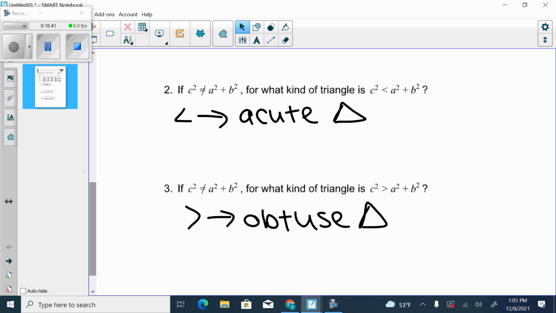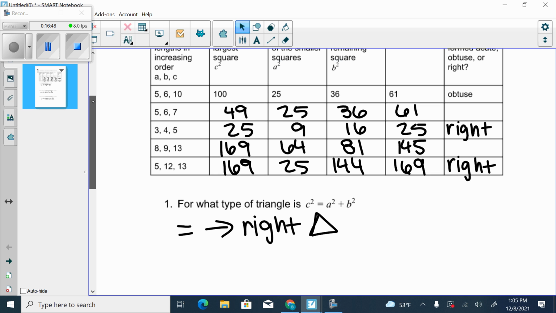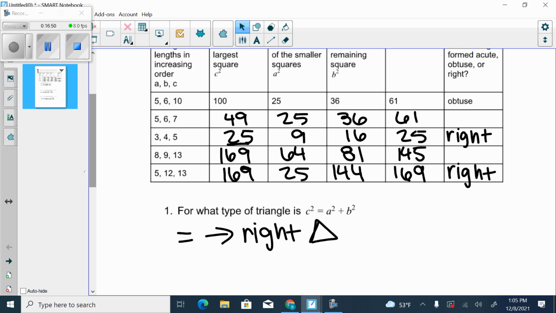So if I go back up to my chart here, I'm supposed to be comparing c squared, which is this blank here, to a squared plus b squared. So for my 5, 6, 7, which was greater, c or a plus b? A plus b.